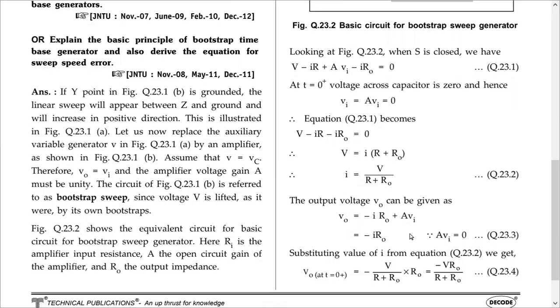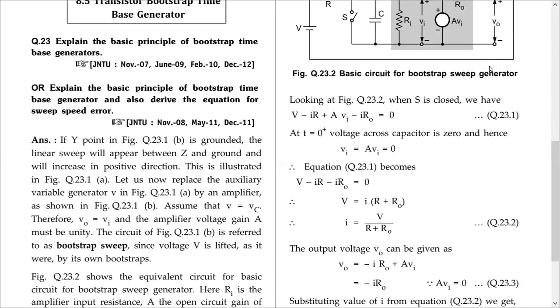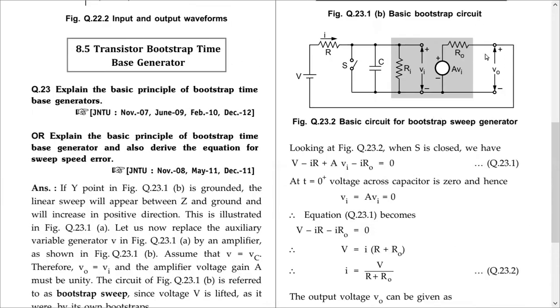Okay, so now let us see what will be the output voltage. Here, the output voltage, if you see, is the same. I observe because of this short circuit, the same current I flows in this path.